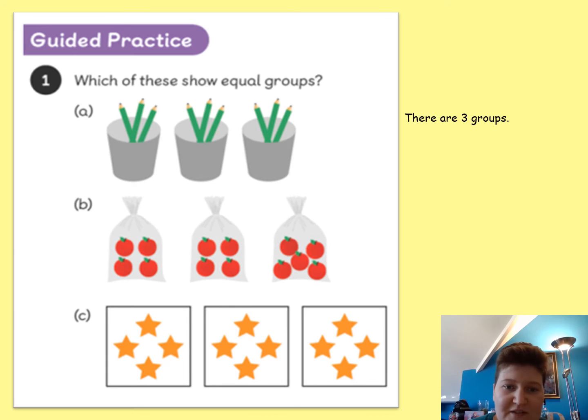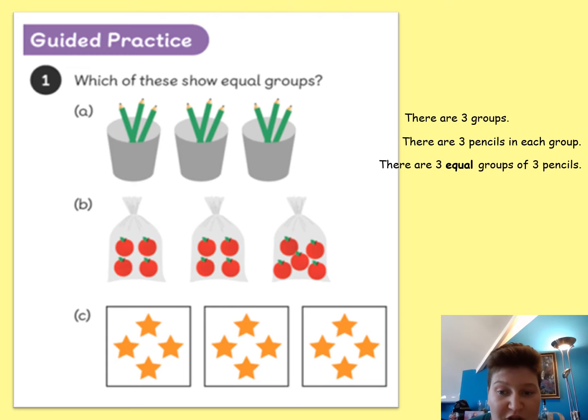Okay, so if we look at the pencils, there are 3 groups. And there are 3 pencils in each group. And that's the same number in each group, so that means there are 3 equal groups of 3 pencils. They are equal. Now, if we look at the apples, or tomatoes, there are 3 groups.